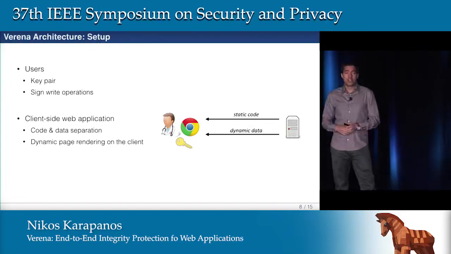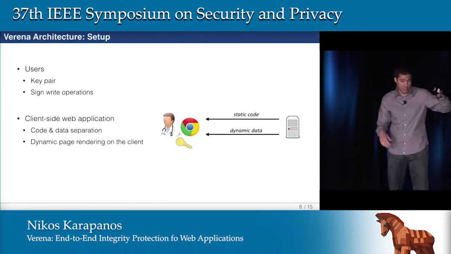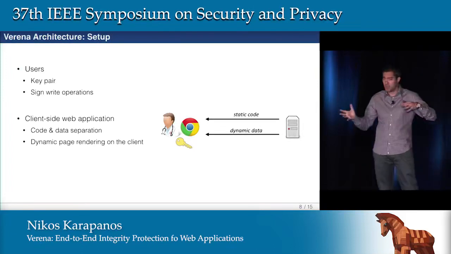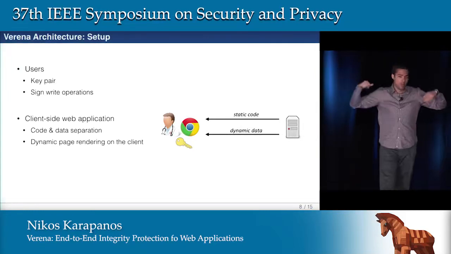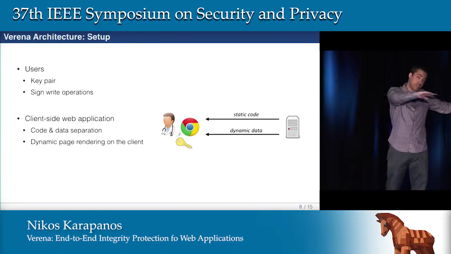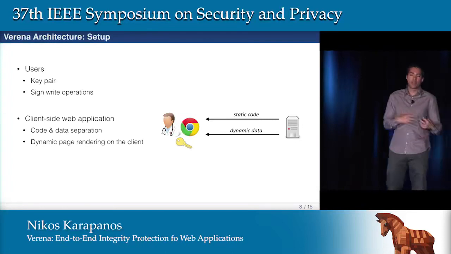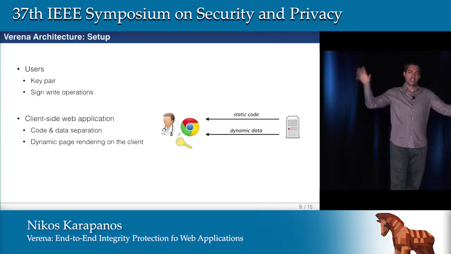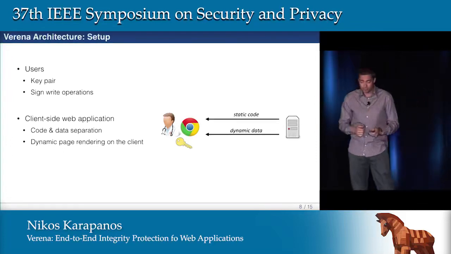Other than that, we assume a client-side web application setting where the static code, think of JavaScript, HTML, CSS, and so forth, is separated from the data. The server sends these separately to the browser, and then the client-side code takes care of assembling them and rendering the page dynamically on the client.